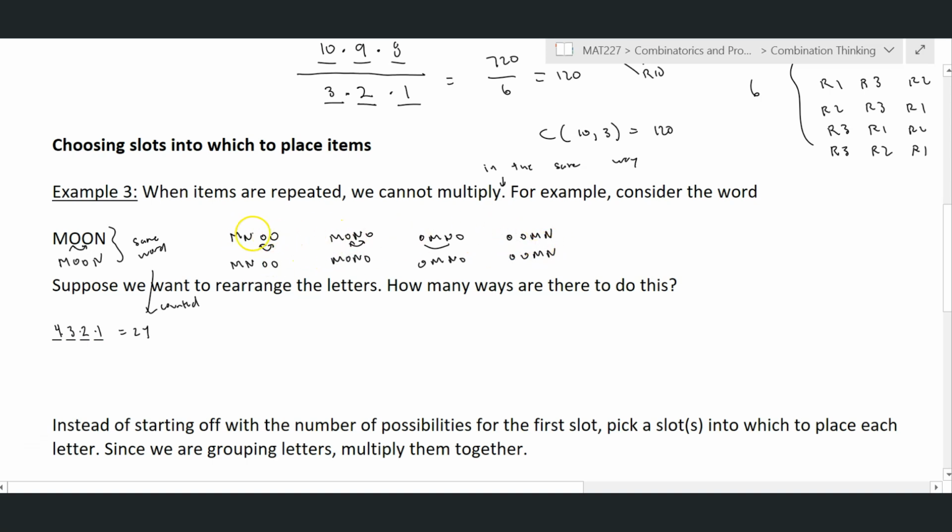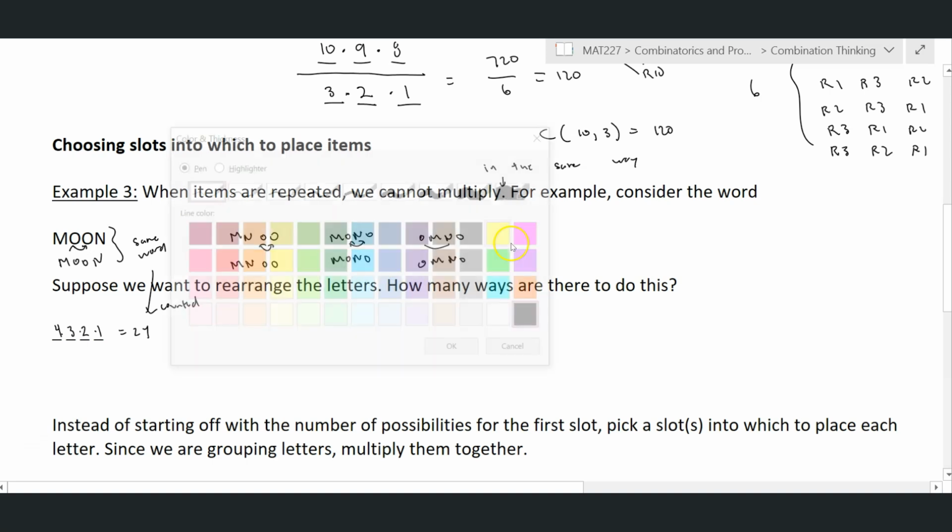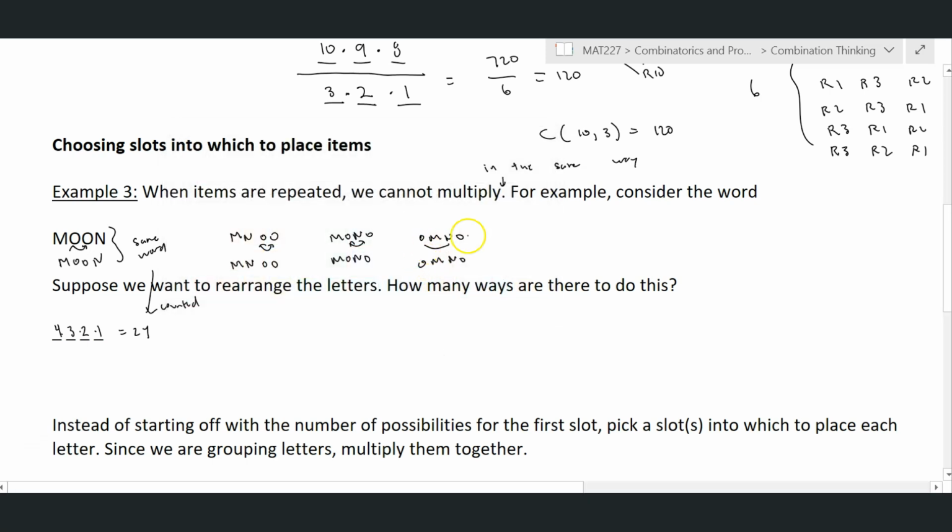Okay, so we have M-N-O-O, M-O-N-O, and before I count this one here, let me try to keep this in better order. Then we could have the M in the second position and the N in the fourth position, like that. Now we could move the M to the third position, and there's only one way to place the N in the remainder.